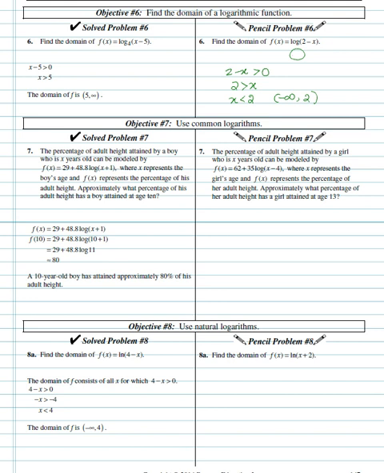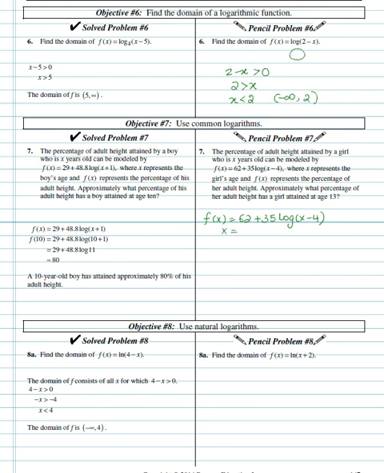Problem 7. The percentage of adult height attained by a girl who is x years old can be modeled by the function f of x is equal to 62 plus 35 log of x minus 4, where x stands for the age of the girl. We're trying to find the approximate percentage of her height when she's at the age 13.